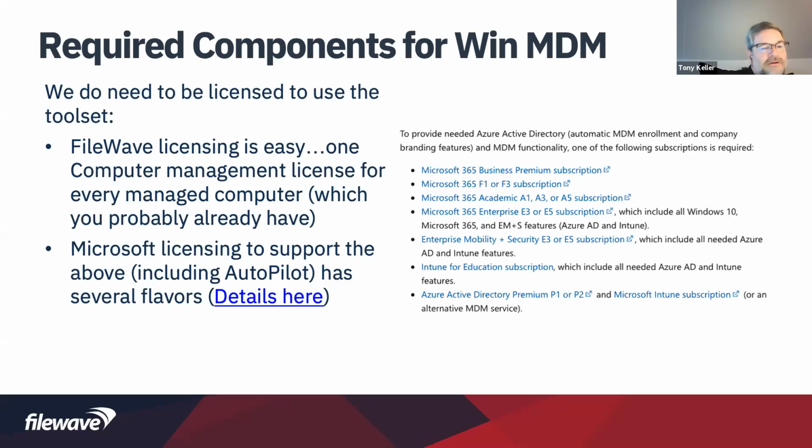And it's very difficult for us to answer this because it depends on what you're already licensed for. So for instance, if I look at that list and I say, hey, I'm an enterprise customer and I've got Azure Active Directory in place, I probably need Premium P1 or P2 to be licensed for all the pieces I need that include Autopilot and all the other stuff.